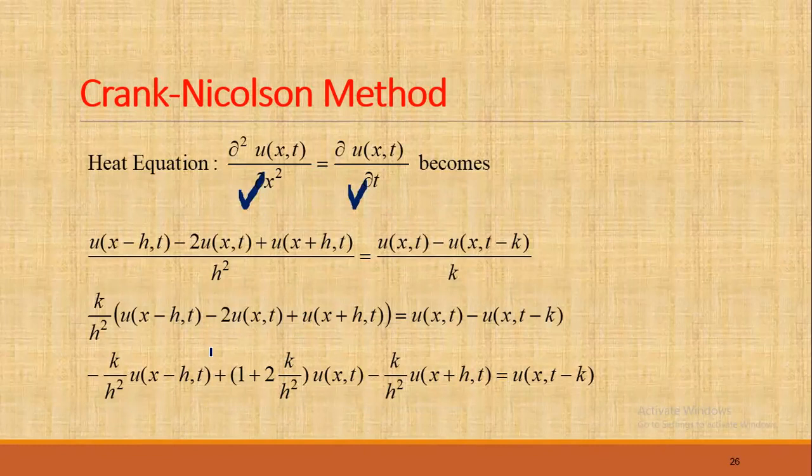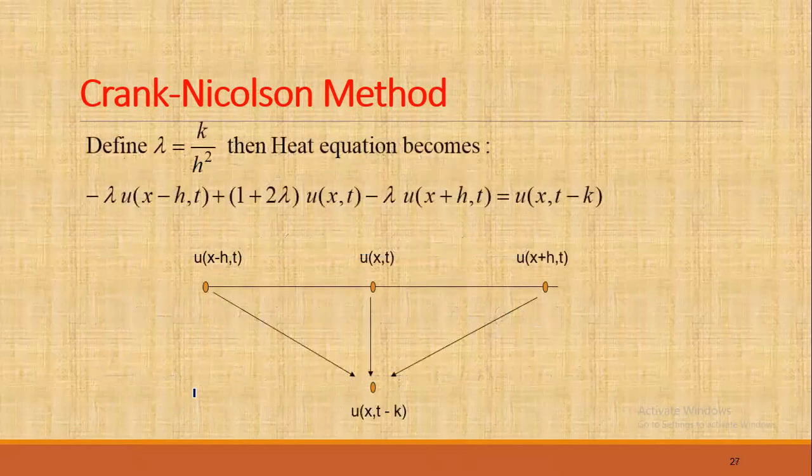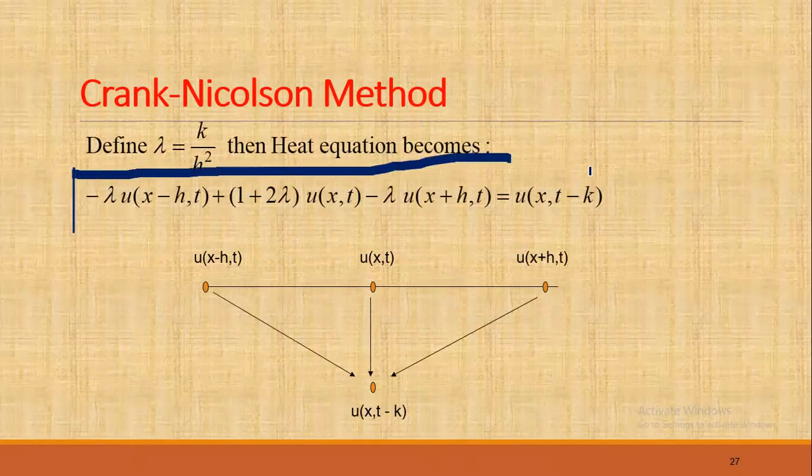So we get the equation is this one. The calculation is very simple. This k we consider on the left side, so k by h square, similar term, right side as it is, and then we define the last term u x t minus k. We get this form. K by h square we consider lambda, so we get the final equation is this.